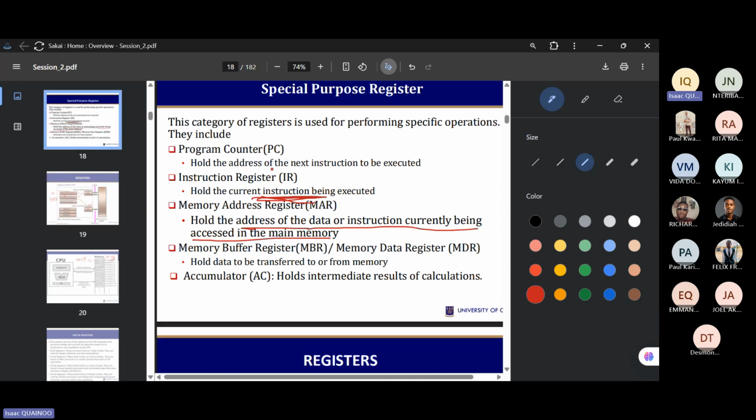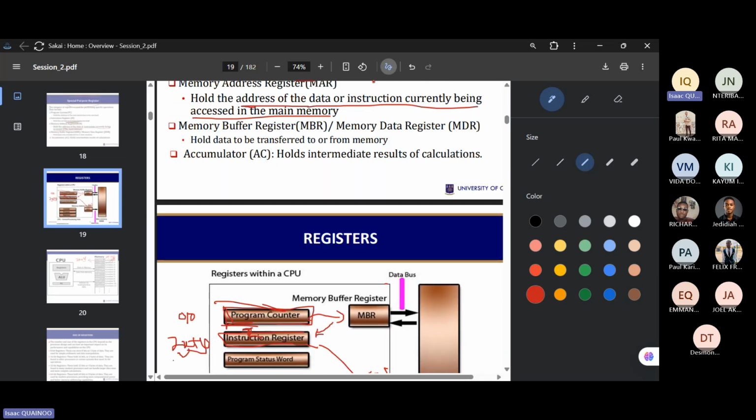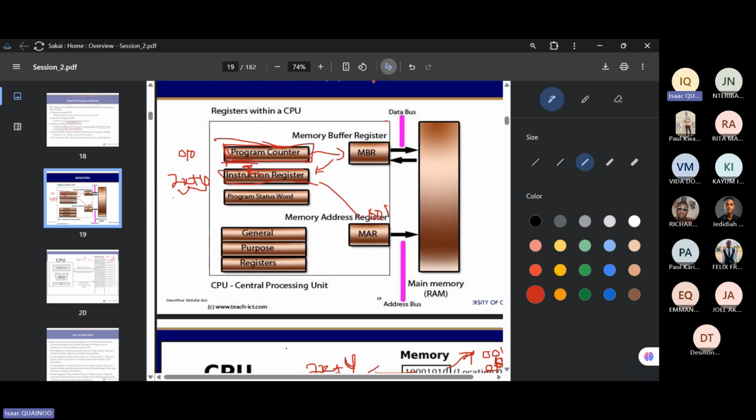Okay, we are saying that all these fall under what are special purpose registers, because look, all these registers that we have mentioned here, they do not store general data. They have specific data that they store. The program counter stores the next data to be executed. The instruction register stores the current instruction that is to be executed.